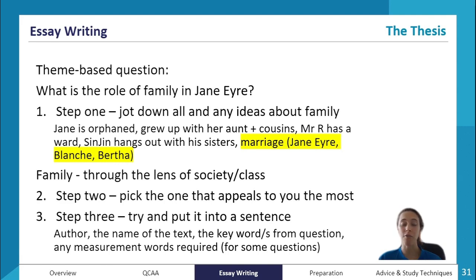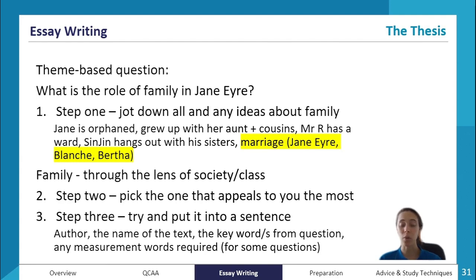Generally you're going to have that first sentence which will outline the author and the name of the text, and oftentimes the thesis will be a separate sentence that will have any measurement words if they are required for prompts that are asking you to take a position, whether something is to a certain extent that you agree with it.